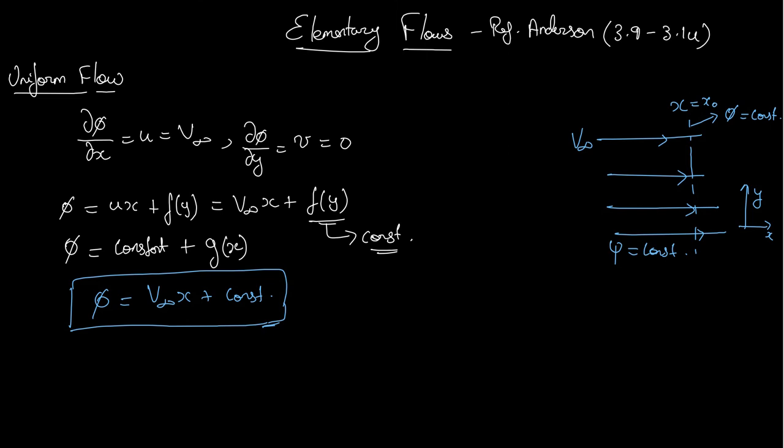We know that we have equations. Let me just change the color. So we have dou psi by dou y equals u, which is v infinity, where our psi here is the stream function, and we have dou psi by dou x equals minus v, which is 0.